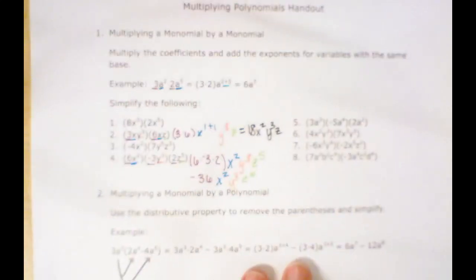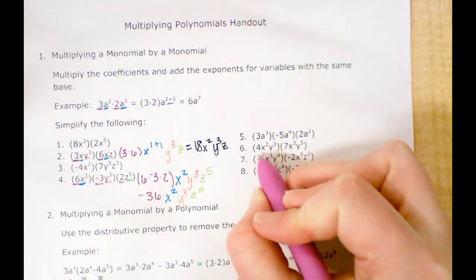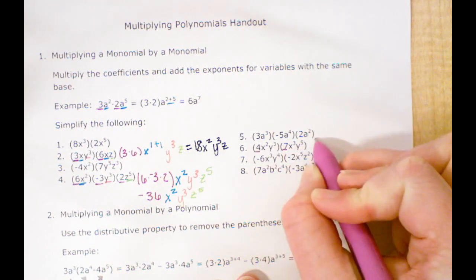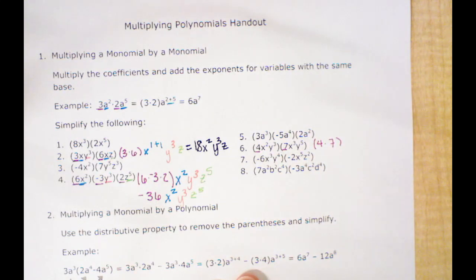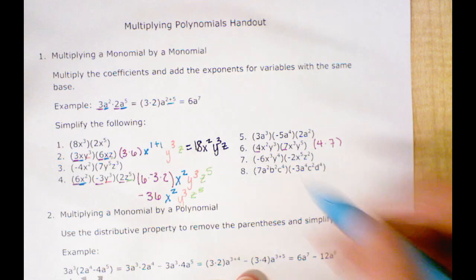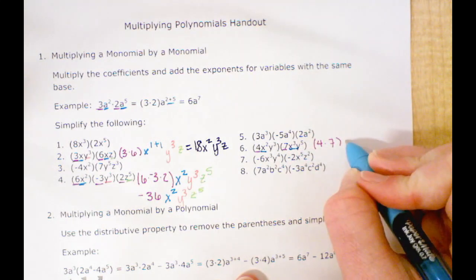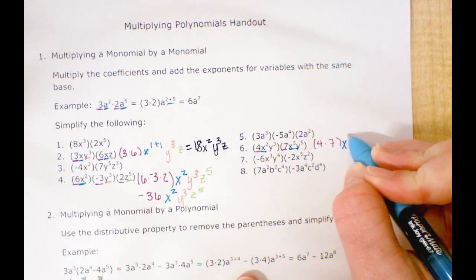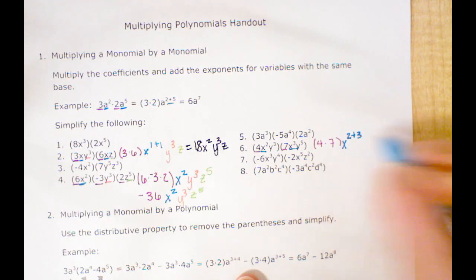All right, so let's do number 6. That's our next one. So we have 4 times 7. We have x squared times x cubed. What does that become? Two plus 3. Okay.